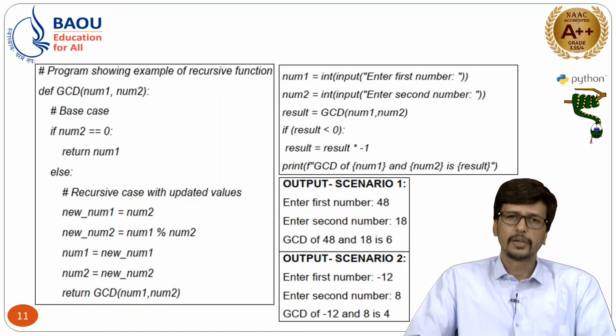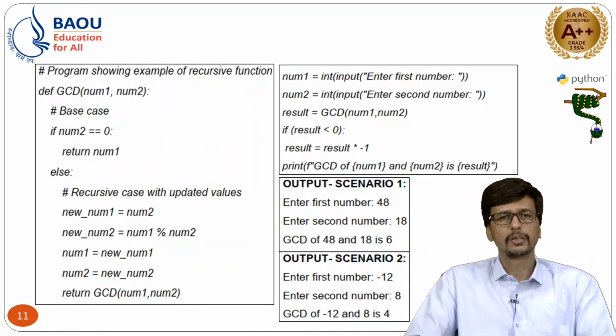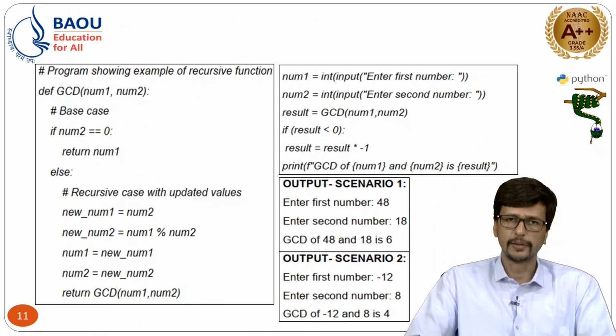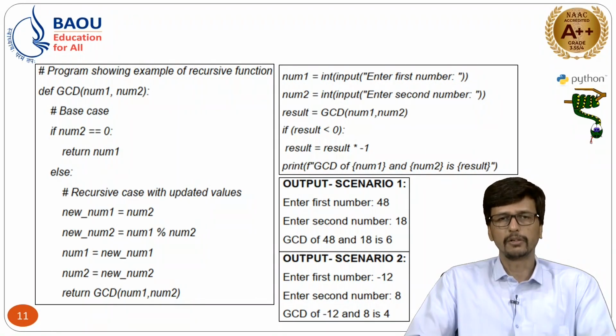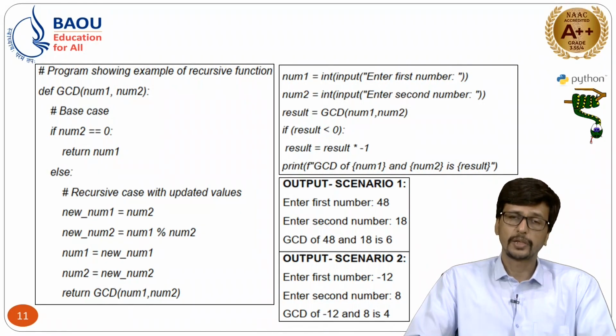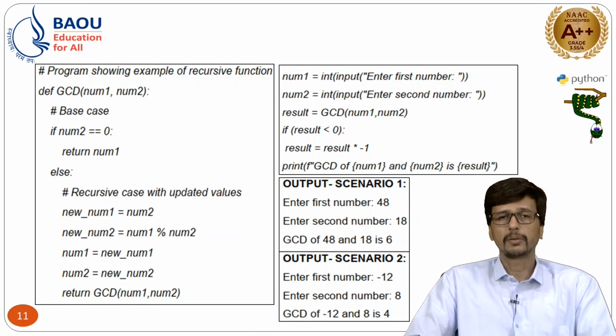Every time you check with the help of the modulo operator, you minimize your criteria to find the GCD, and at the end when the condition terminates you get the result. Multiple other examples are also there in which a function can call itself. You can observe on the screen return GCD: in the return statement we are calling this function again, that's why the function calls itself. That is the concept of recursion that can be used in Python.